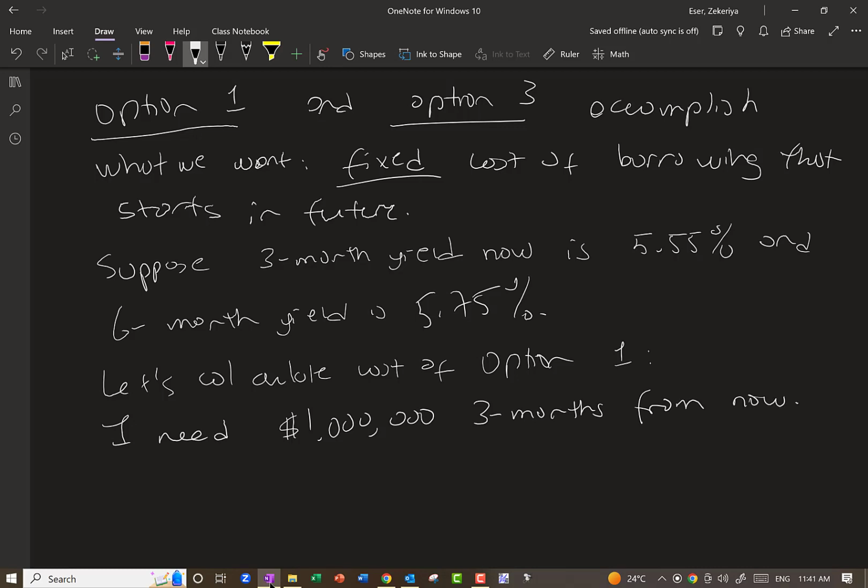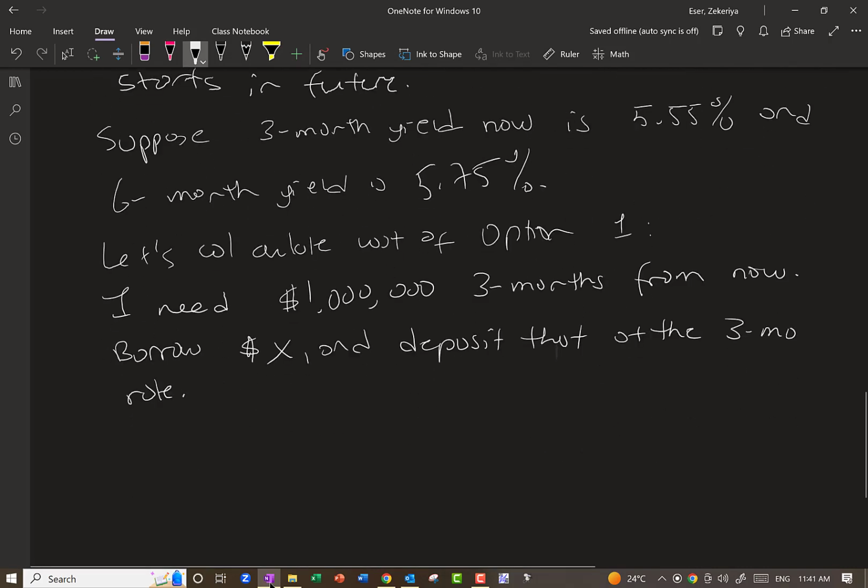Obviously, unless that rate is zero, I shouldn't be borrowing 1 million, because I'm going to deposit that money and gain interest. So I get that multiplied with 1 plus the 3-month rate, and I'm going to divide that by 4. Remember, these are APR numbers.